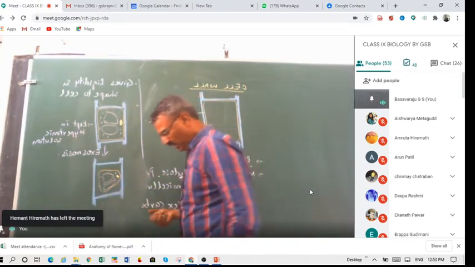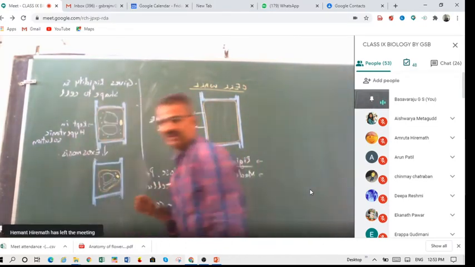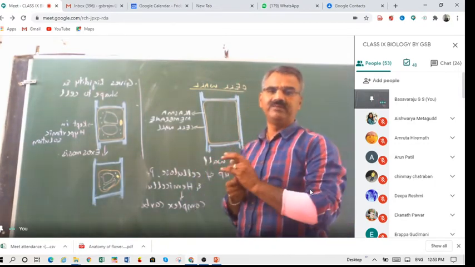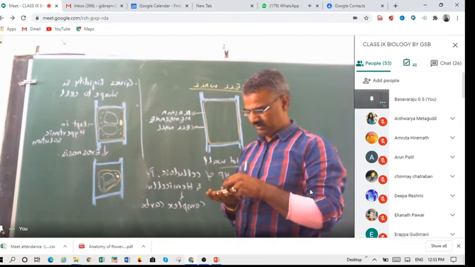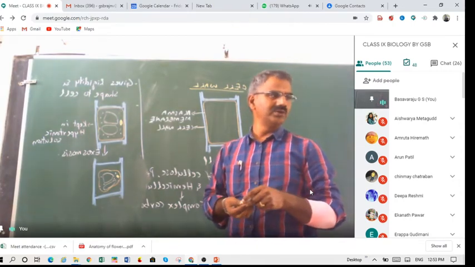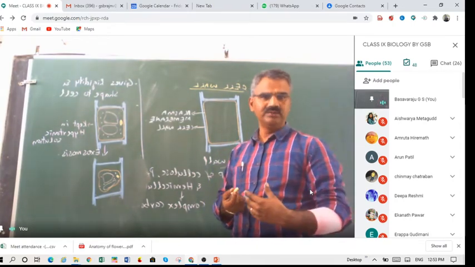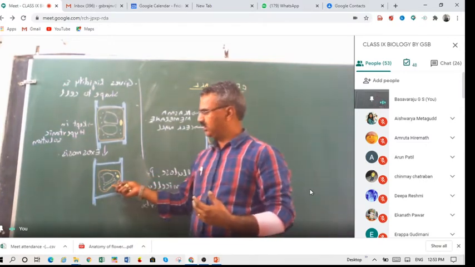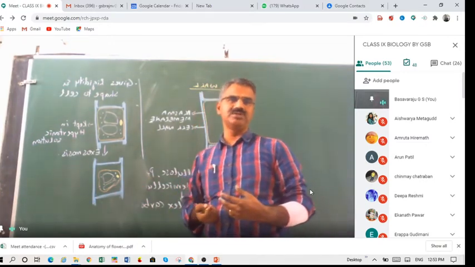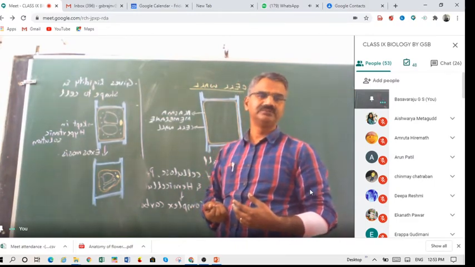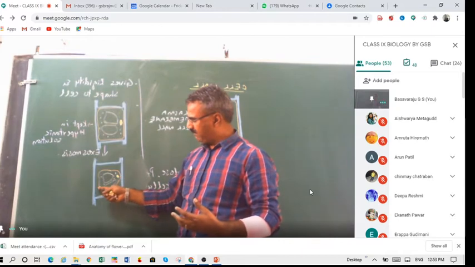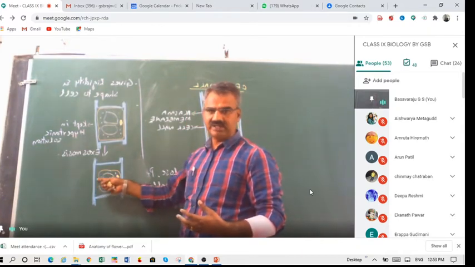Suppose you leave it for some more time, what happens? The cell is going to lose more water. Suppose the cell loses water, what happens to the cell? It dies. Here the plasma membrane is going to break.